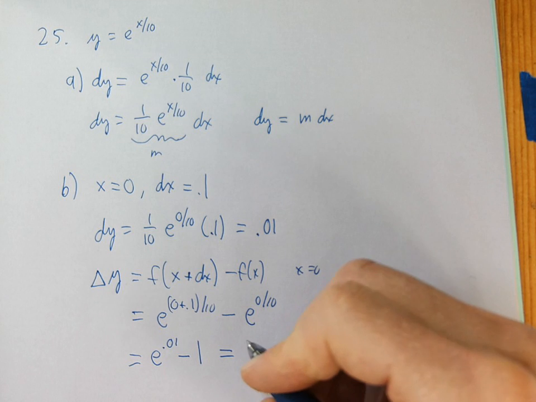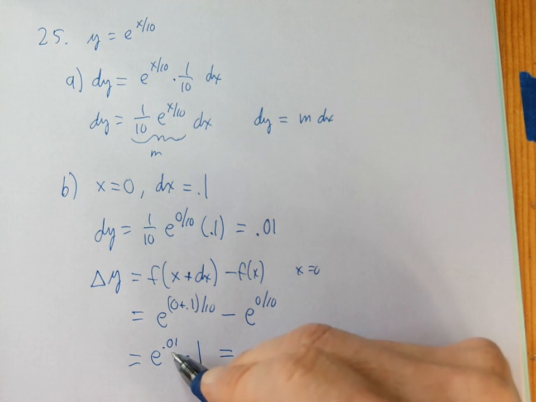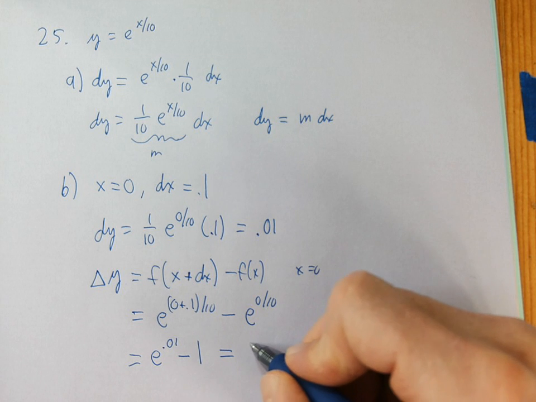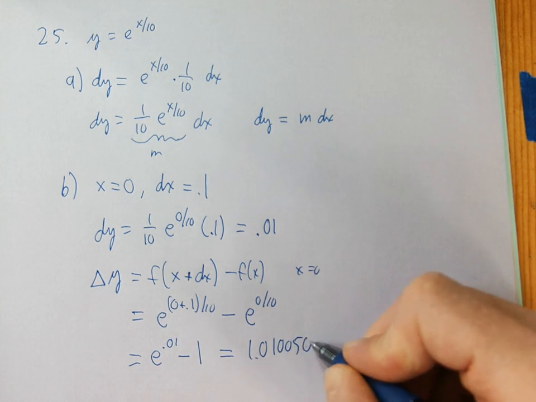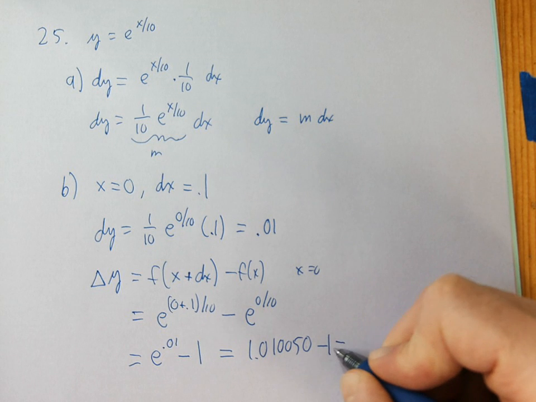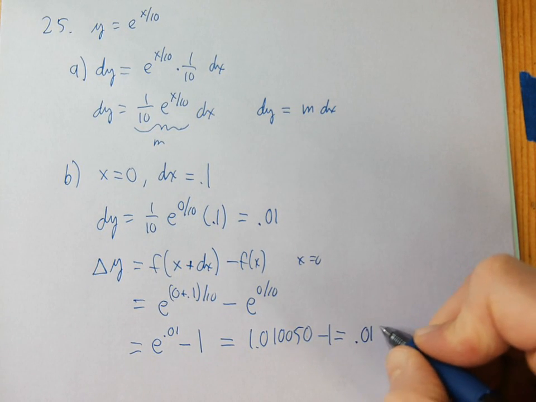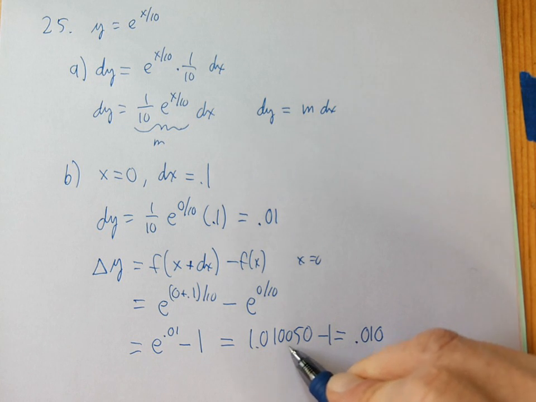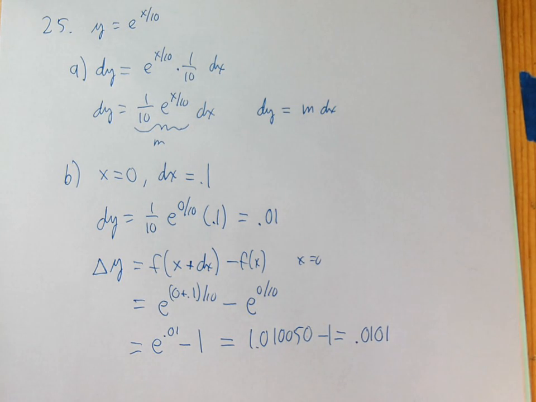And if you do that on a calculator, I got that e to the 0.01 is 1.010050, minus 1. So the answer is just 0.010, and they round it off in the book. The 5 rounds that up to a 1. So that's what they said in the book, 0.0101.